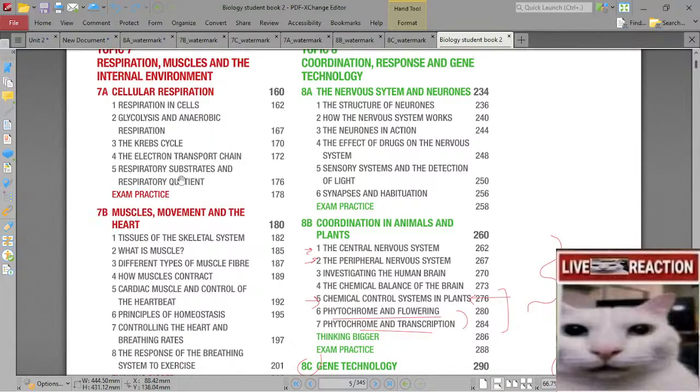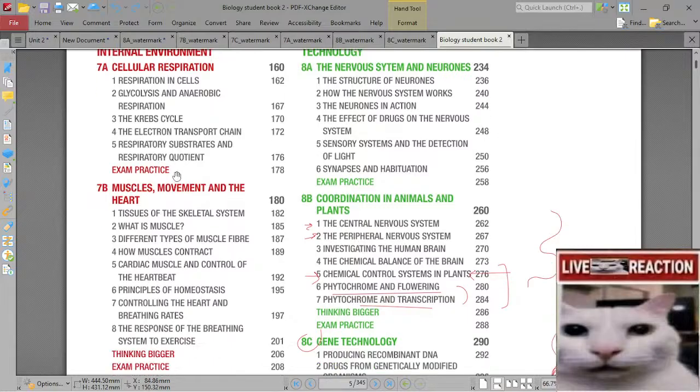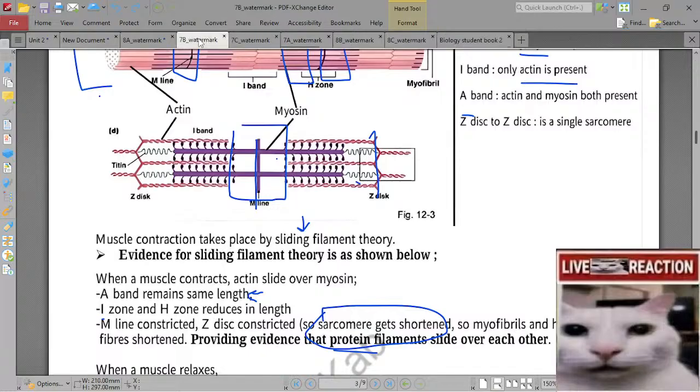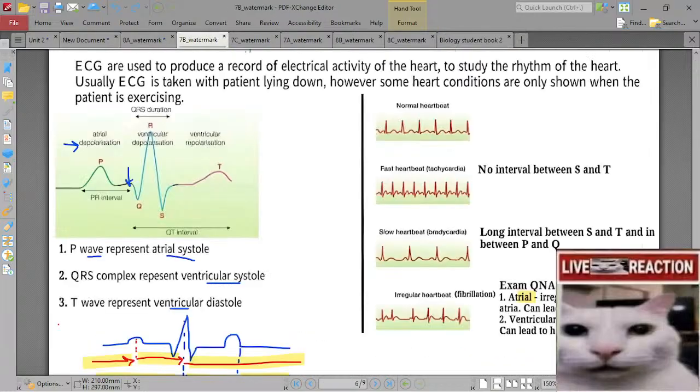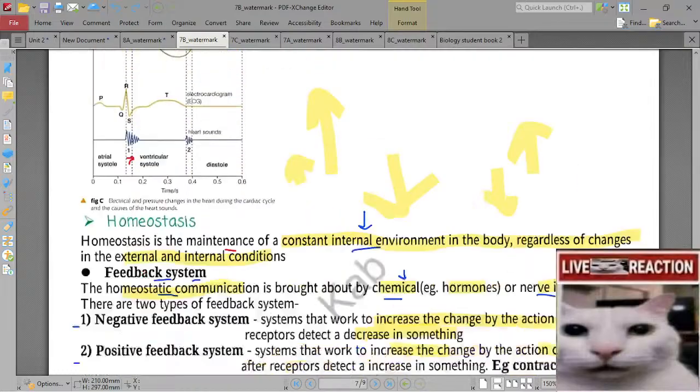It's 7B, principles of homeostasis. Oh, it is here, isn't it? Yeah. Okay. I don't know how I missed this, but that was weird.